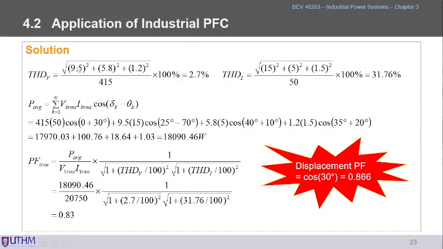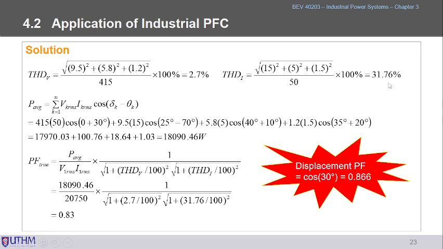So of course we put in here 9.5 squared plus 5.8 squared plus 1.2 squared, and then we square root it, divide by 415, the fundamental, and we obtain 2.7% only for THD V. THD I is 31.76%. So this is not allowed. Right? This is normally not allowed by the standards.